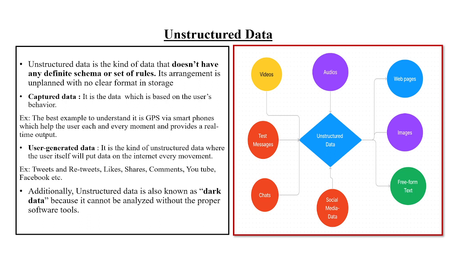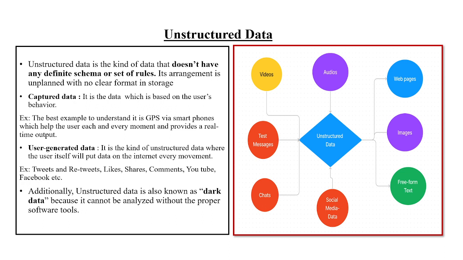No clear format is used. We capture this unstructured data from videos, audios, web pages, images, social media data, and free-form text. All these are the different places from where you can get the data.